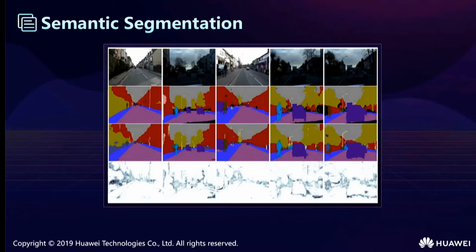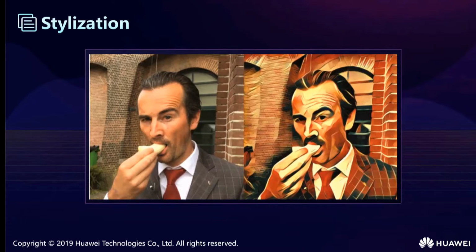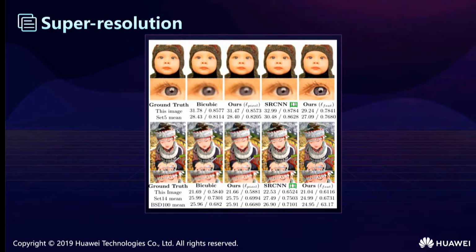If we change the image style while retaining the content of the image, it can be used for style transfer in image processing, making the picture have more styles. Super resolution generates a high resolution image from a low resolution image, which can be used for image processing, security, surveillance, and medical imaging.